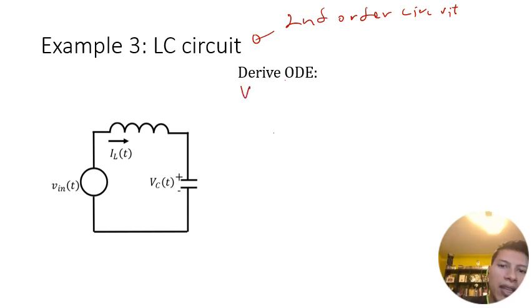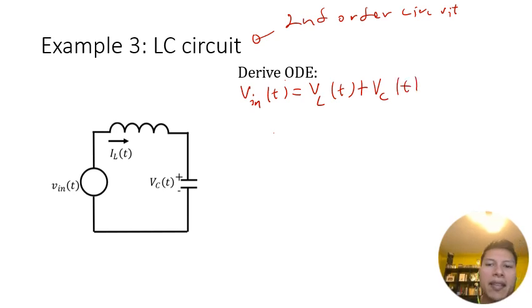To do that, we have that Vin of t is equal to VL of t, the voltage drop across the inductor, plus the voltage drop across the capacitor. And here we have a choice. We can solve for VC or for VL, or for IL, it doesn't really matter. Since we wrote it in terms of voltages, let's just solve for VC.